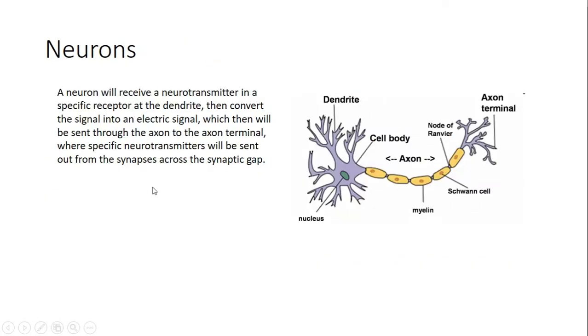The synapses are the specific sort of gap. What they're actually sent from are things called vesicles.